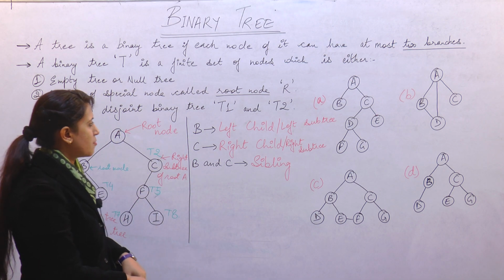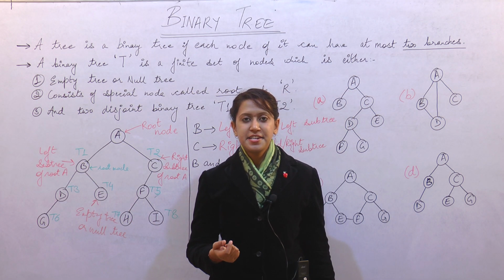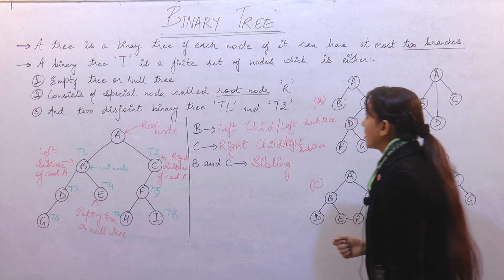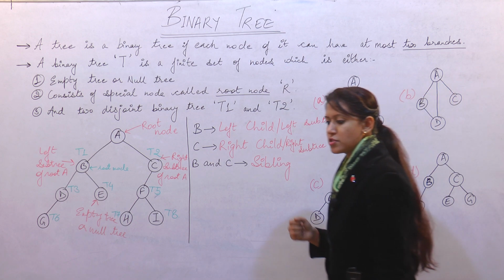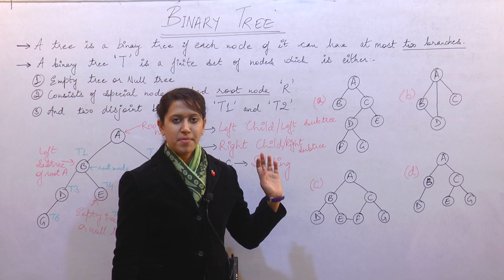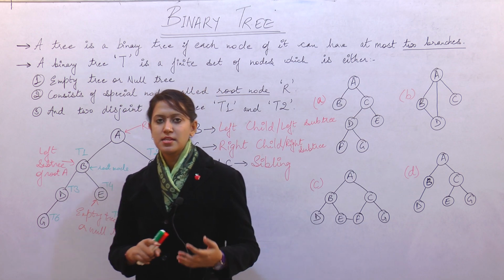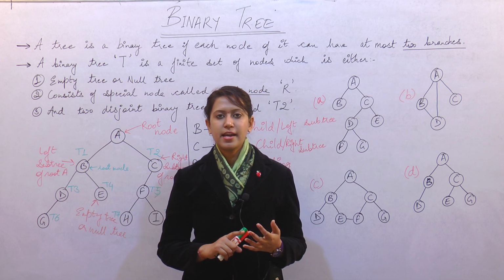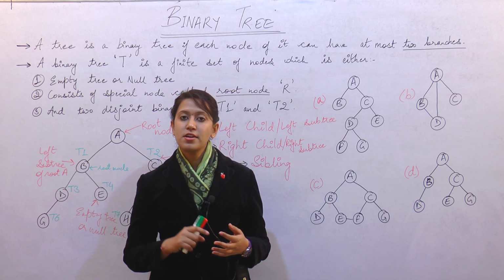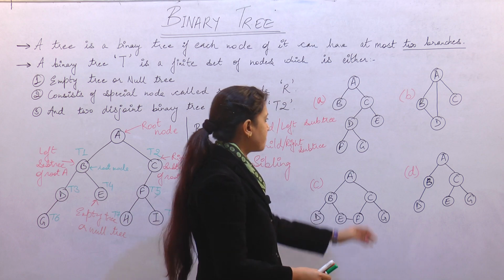So according to these points, any tree is known as a binary tree whose each node can have at most two branches. Now we will first see this property. At most two branches means maximum of two branches. We can have one branch also and we can have no branch also, but we cannot have more than two branches.